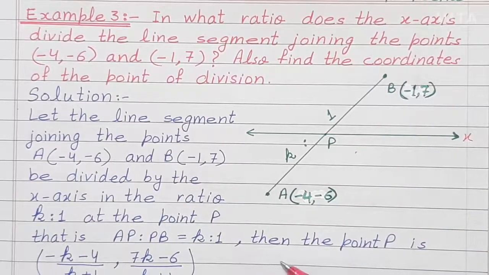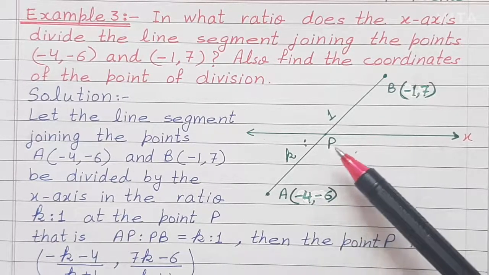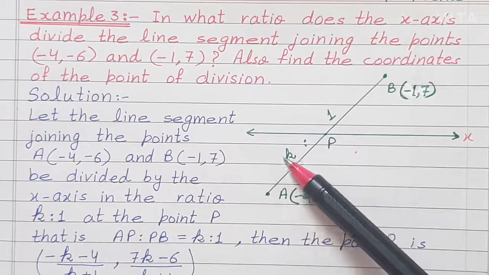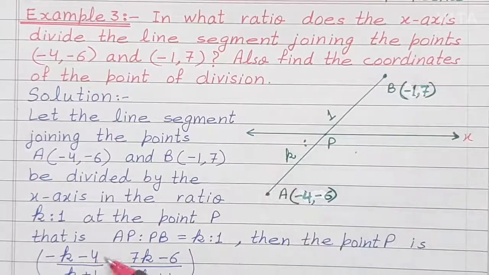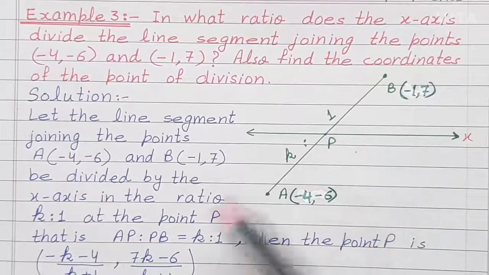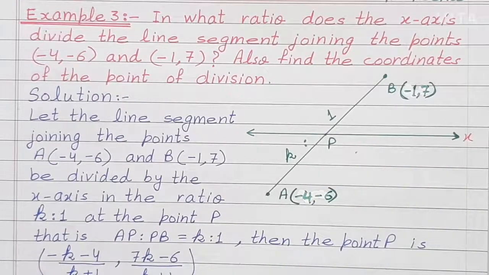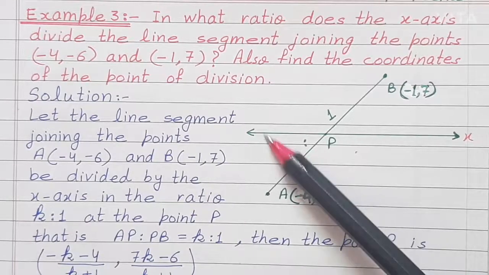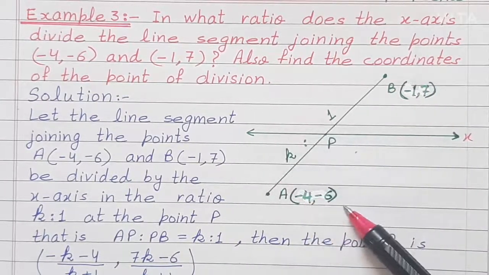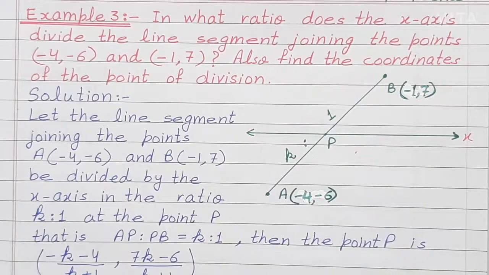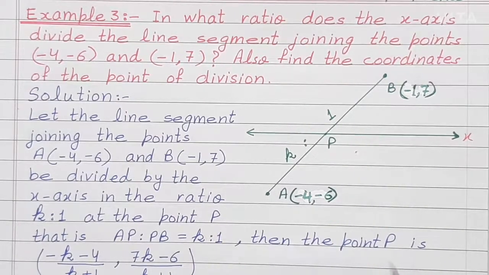k:1. Then the point P is k into -1 plus 1 into -4 upon sum of ratio, that is k plus 1, then k into 7 plus 1 into -6 upon sum of ratio, that is k plus 1.